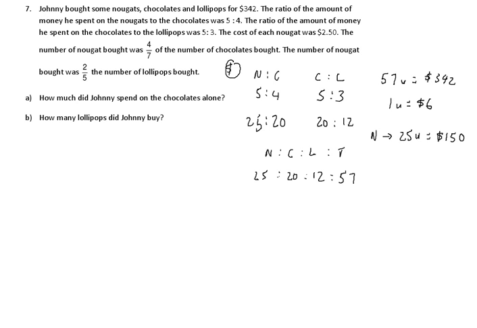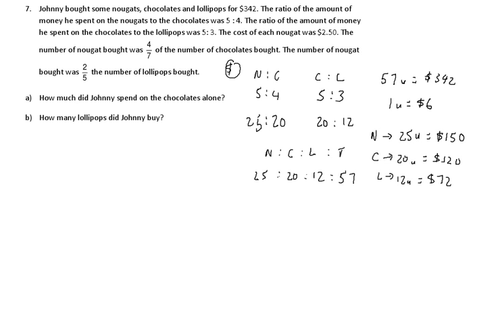And then we are spending how much on chocolates? 20 units, right? 20 times 6 is $120. And then for lollipops, we are spending 12 units, and that will be $72.